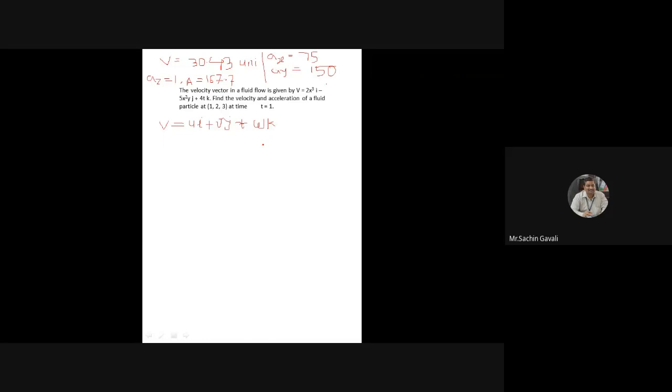If you compare this equation with our equation, then we are getting the velocity component in the x direction, u is equal to 2x cube.